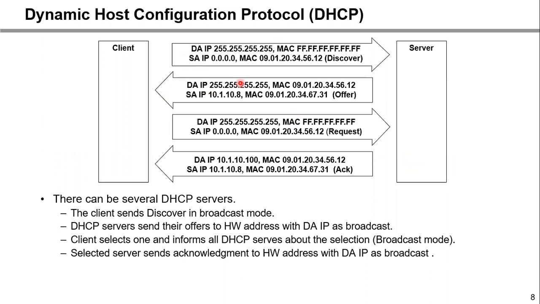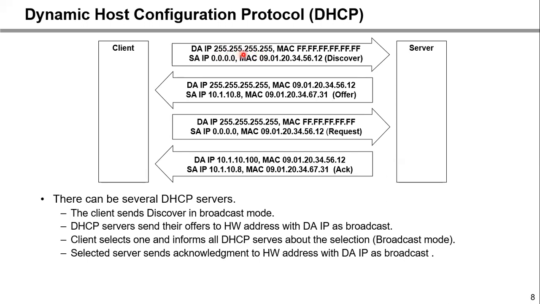Now we'll see the actual values. When the client boots, as you know, there is no operating system installed on the client. That means it doesn't know who the server is, and that's why the destination IP address is not known to the client. So it is mentioned as 255.255.255.255.